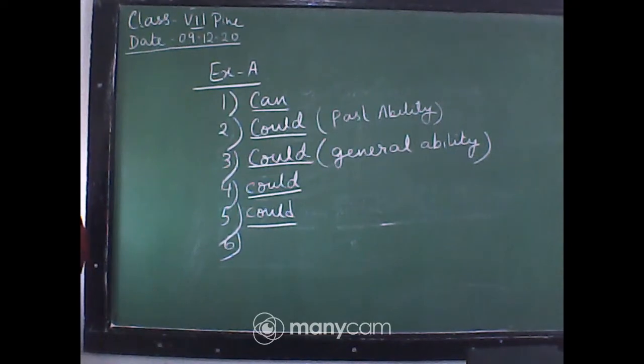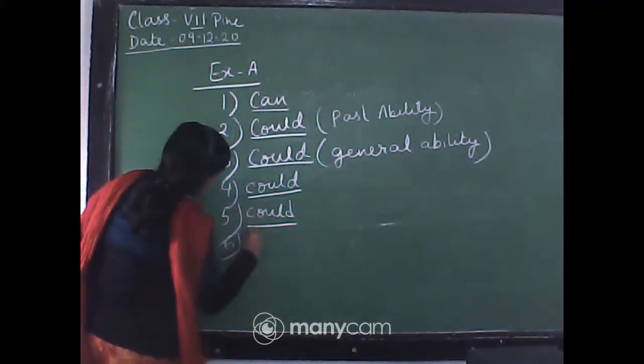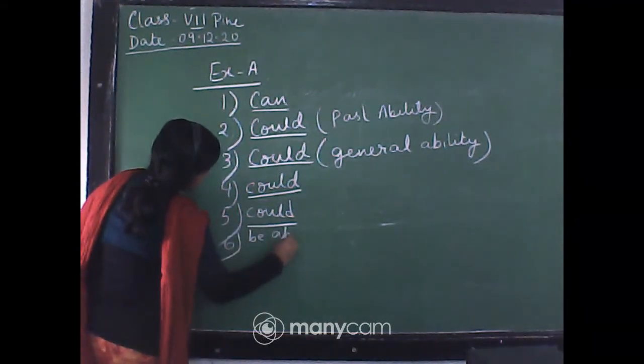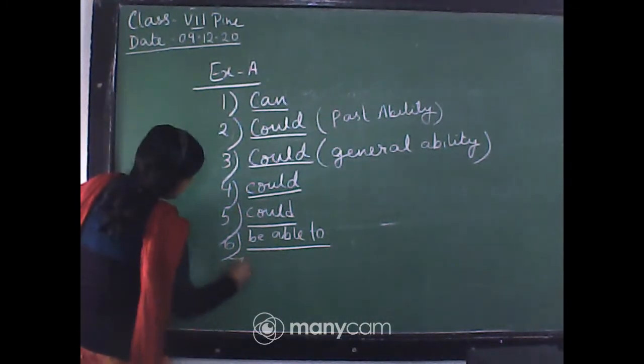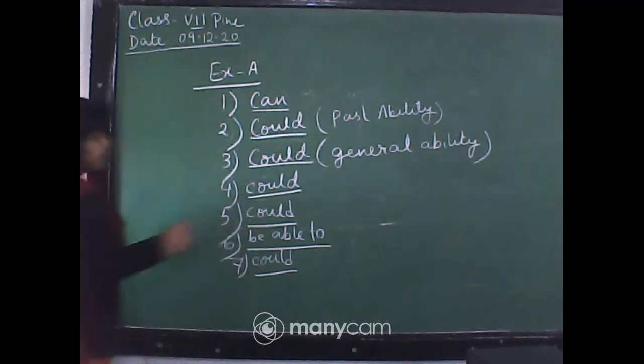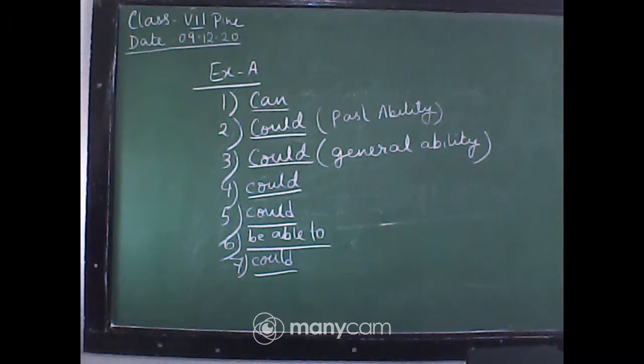She will be able to write with a fountain pen. Number 7. She said that she could dance even when she was 2 years old. Talking about an ability in the past, so obviously could. Number 8. As a young man, my grandfather could swim really fast.